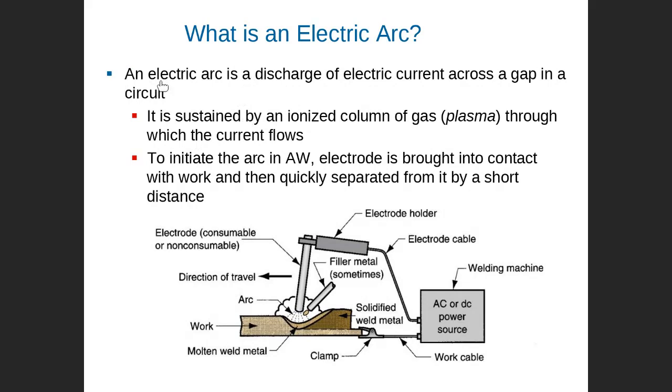This is arc welding, as I said. The arc is the discharge of electrical current. We call it an arc in the gap between the electrode and workpiece. That's it.